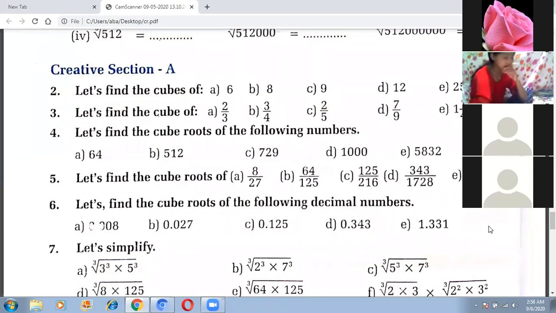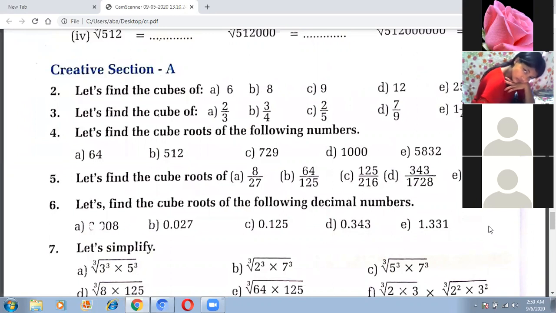Yes, 11 into 1 is 11, 11 into 2 is 22, 11 into 1 is 11, so 121. 11 into 121 is 1331. Again, 121 is divisible by 11. 11 into 11 is 121. Now 1331 means what? 11 into 11 into 11, 11 cube.